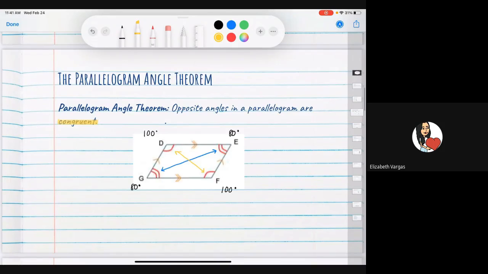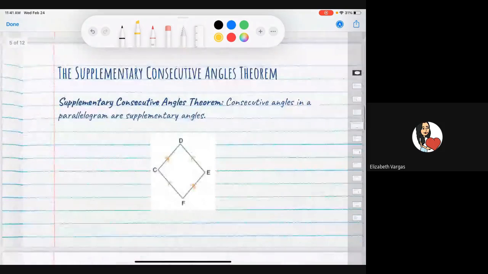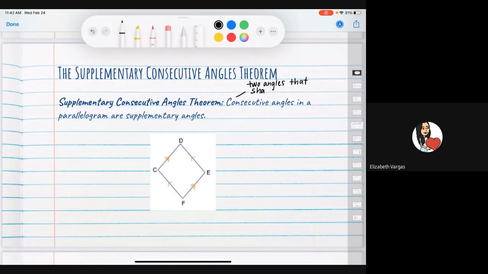Okay. Now we're going to look at the supplementary consecutive angles theorem. So what are consecutive angles? Let's first do that. Consecutive angles are two angles that share a side.